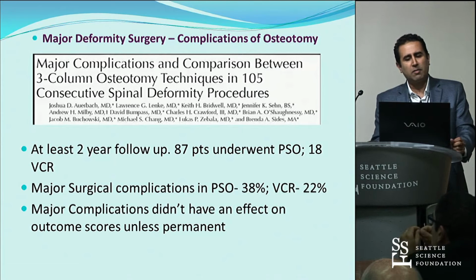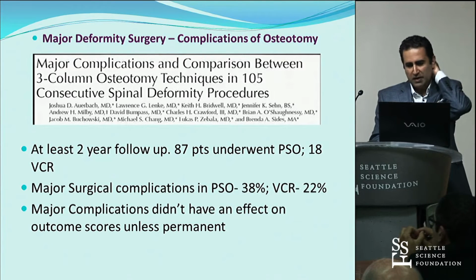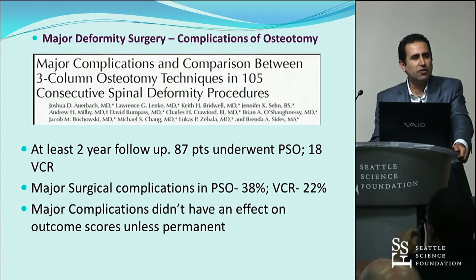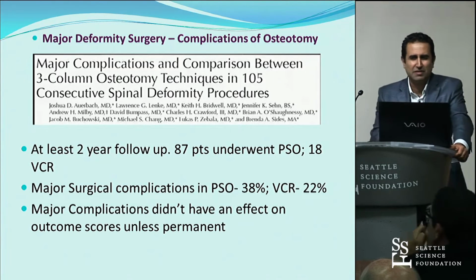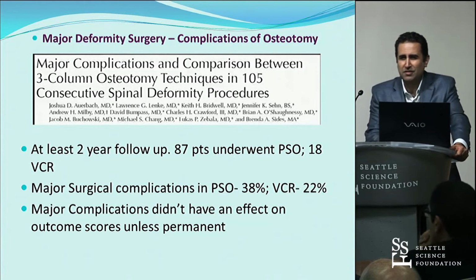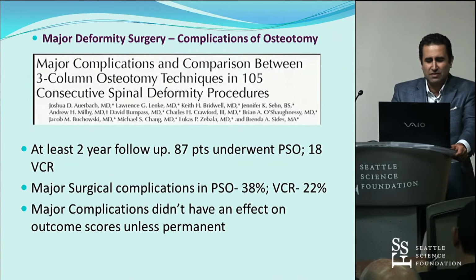When they looked at 3-column osteotomies in more than 100 consecutive patients for deformity, 87 of these patients underwent a PSO, 18 a vertebral column resection. Major surgical complications exceeded 35% in the PSO, more than 20% in the VCR. These are major complications. So it's not just wound infections and sepsis, but it's neurological deficits and so on.